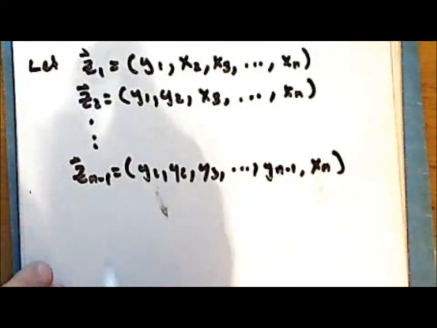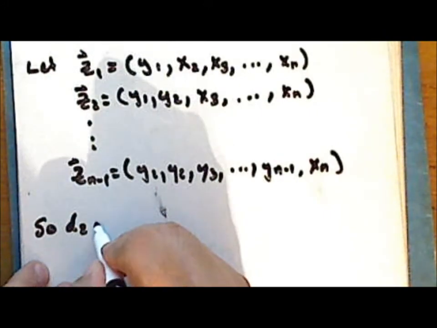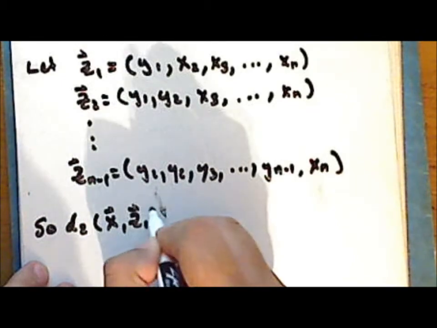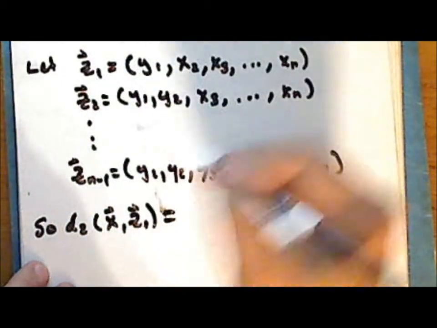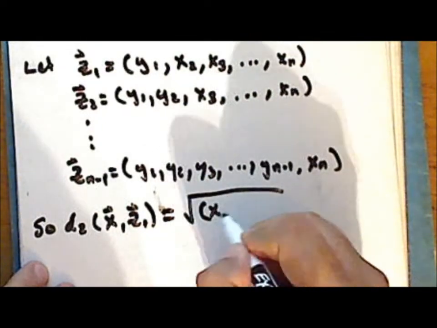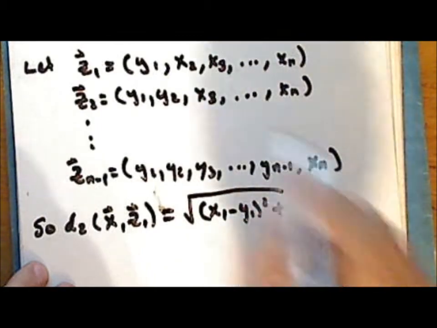So with these choices, we have that the distance in the Euclidean metric between x and z sub 1 is x sub 1 minus y sub 1 quantity squared plus zeros elsewhere.